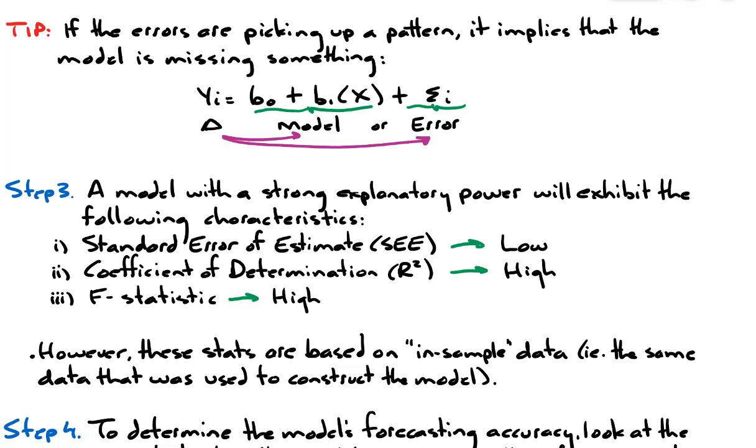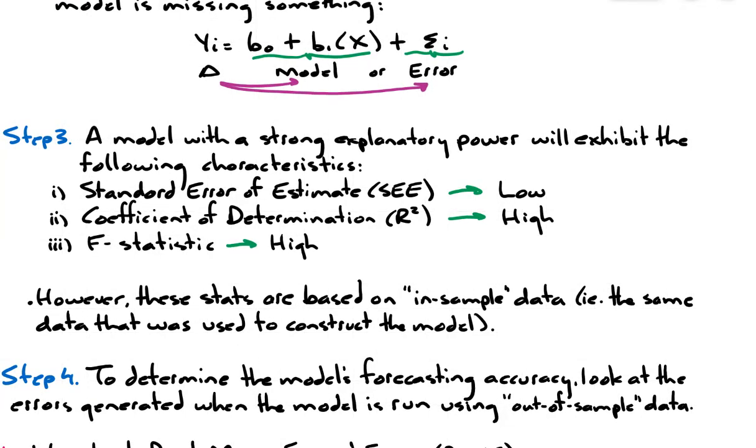So now you look at some other metrics. A strong model would have a low standard error of estimate. It would have a high coefficient of determination, which means the regression explains a lot more of the variation than the errors do. Similarly, the F-statistic is the ratio of the regression explanation relative to the error explanation.